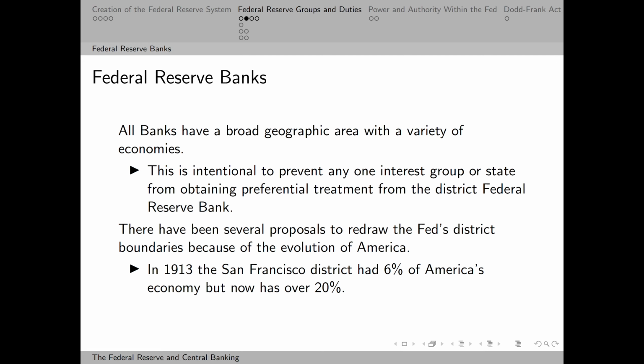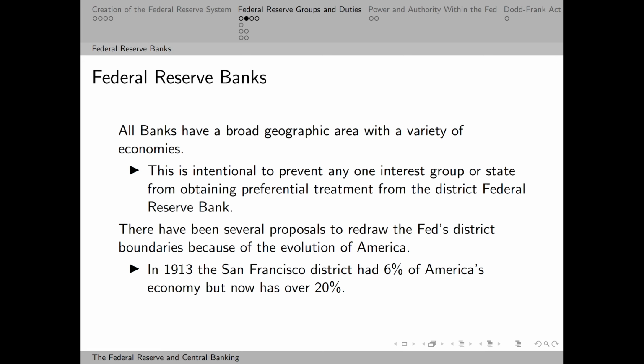And so the idea is that by diversifying the economies that comprise a single district, there's no way that one economy sector can obtain treatment that is specialized from that bank.